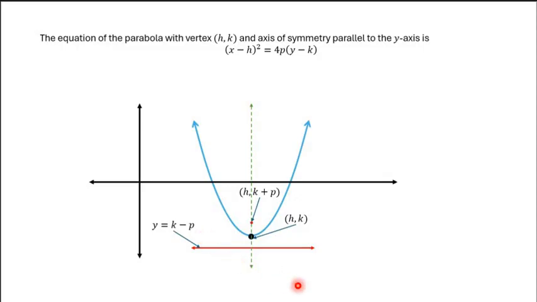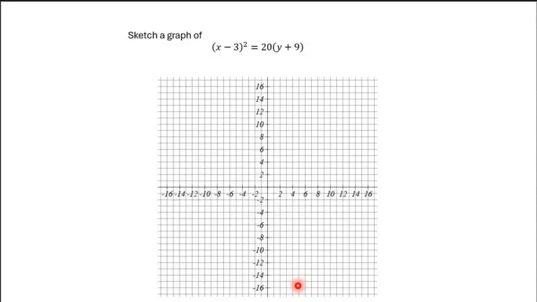So let's go ahead and look at an example. Sketch the graph of the quantity x minus 3 squared is equal to 20 times y plus 9. So first I'll put it in the standard form, x minus h squared is equal to 4p times y minus k. So x minus 3 squared is equal to, well, I'm going to factor the 4 out of the 20.